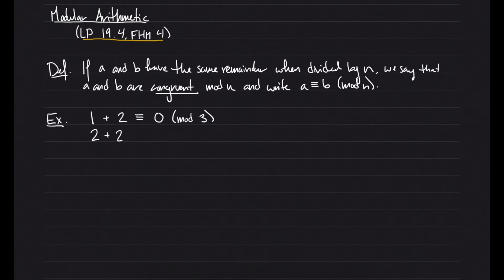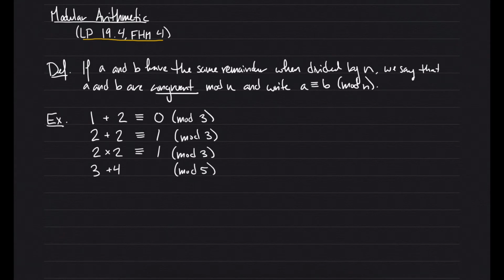2 plus 2, similarly, if we are looking at it mod 3, we get 4, but the smallest number that is congruent to 4 mod 3 is 1. We can also do multiplication, so that's again 4, so that's 1 mod 3. Let's switch systems, so let's look at mod 5.